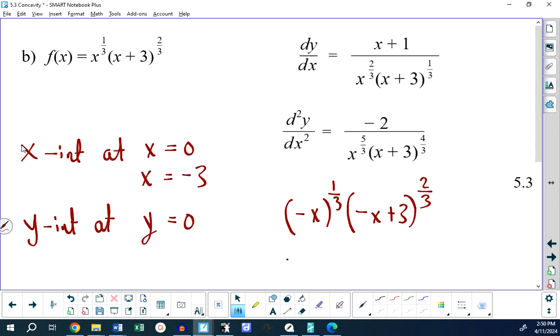This is going to become -1 times x to the third. But this thing is neither the same as what it was, nor is it the opposite of what it was. So there's no symmetry. There are no asymptotes, there's no symmetry. All we have are the intercepts. So now we have to get going with the first and second derivative tables.